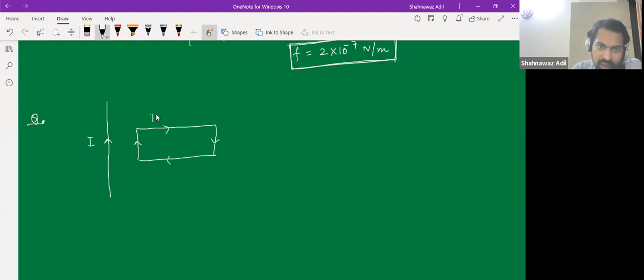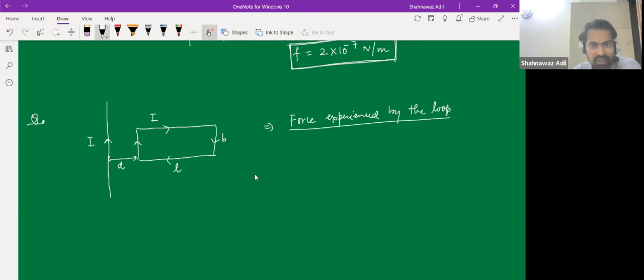This is again I. This distance is d, this is length and this is b. You guys have to find out the force experienced by the loop.